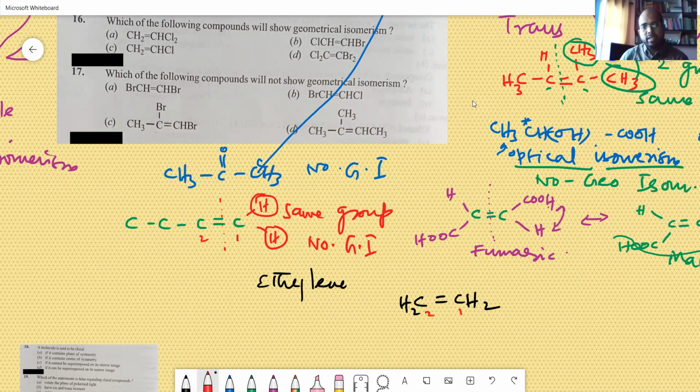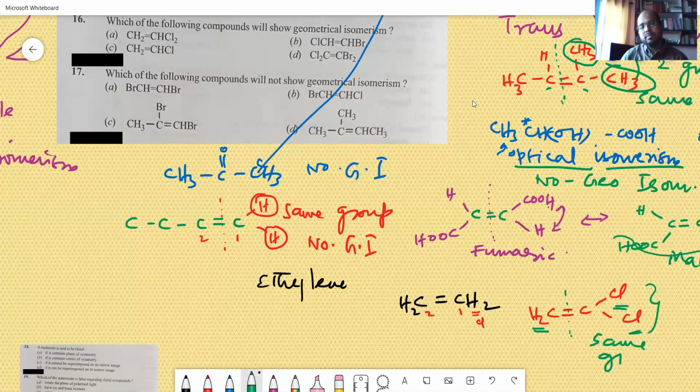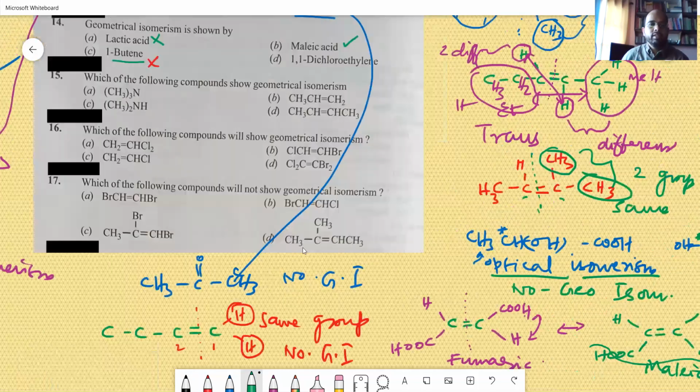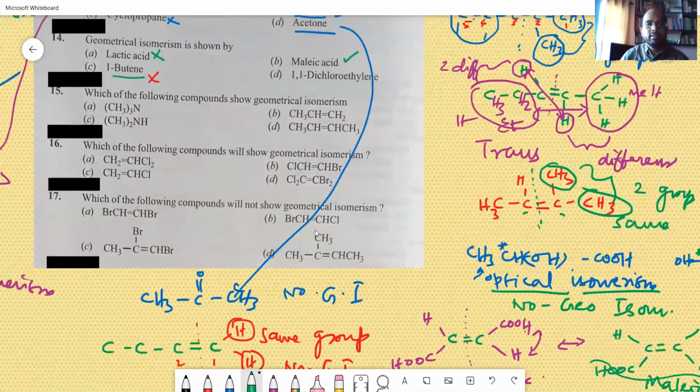So it is 1,1-dichloro. That means both the hydrogen atoms have been substituted by chlorine atoms. So you have H2C double bond C, Cl and Cl. Across the double bond, you can see you have both hydrogen groups, and here you have same groups. Okay, so no geometrical isomerism. So the fourth one is also having no geometrical isomerism.